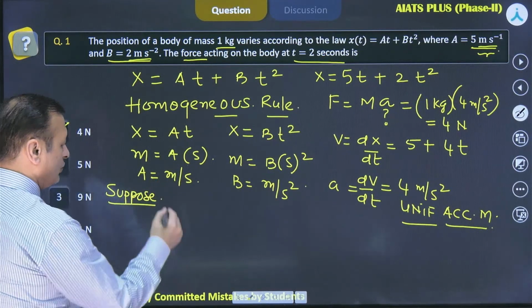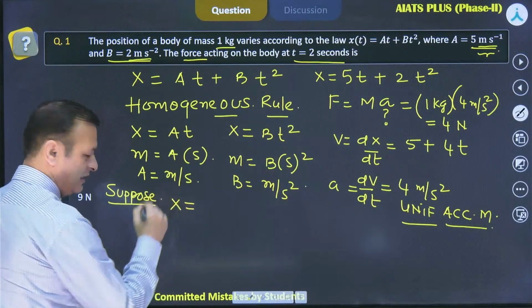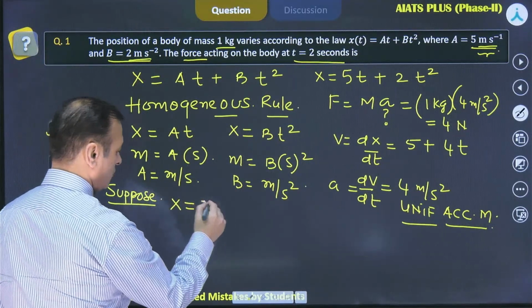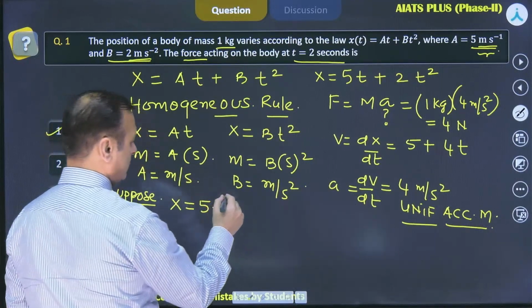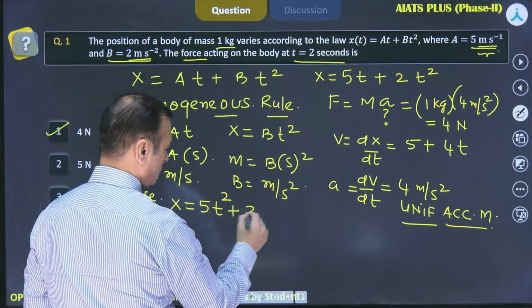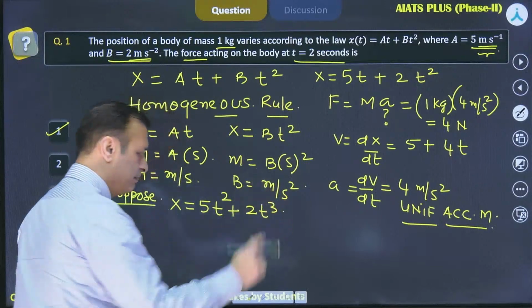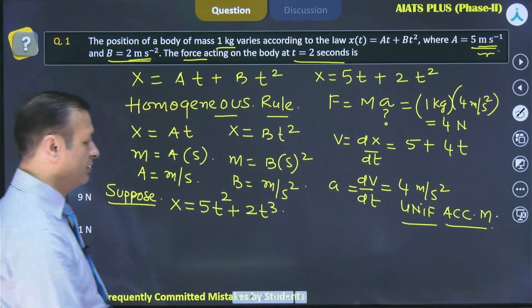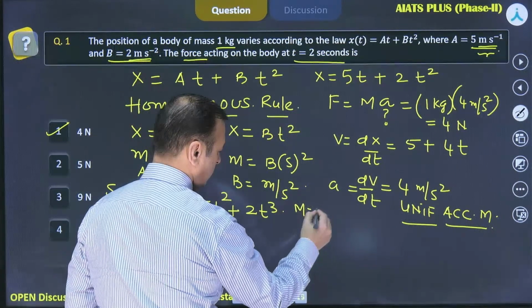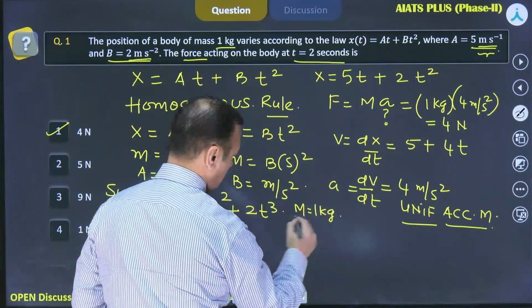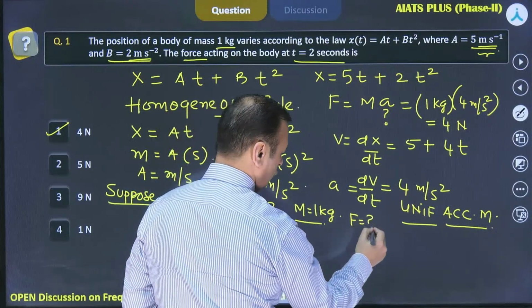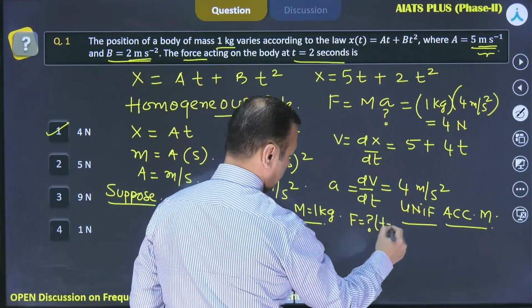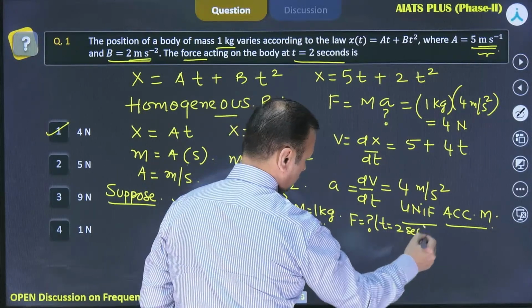Let's write down the equation for x again as maybe 5t square plus 2t cube for the same mass 1 kg. We are supposed to find out force at time t equal to 2 seconds.